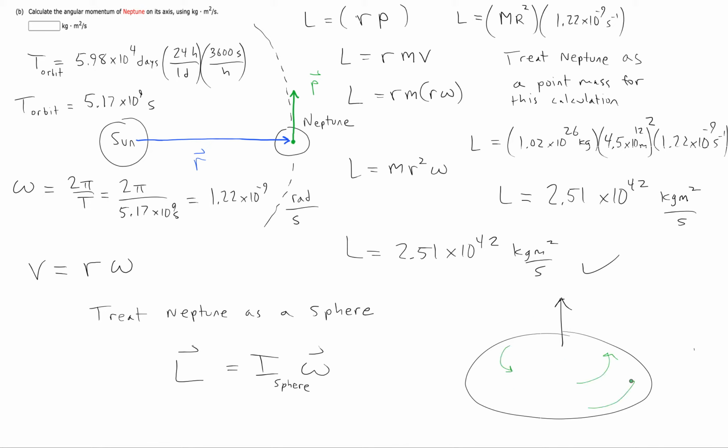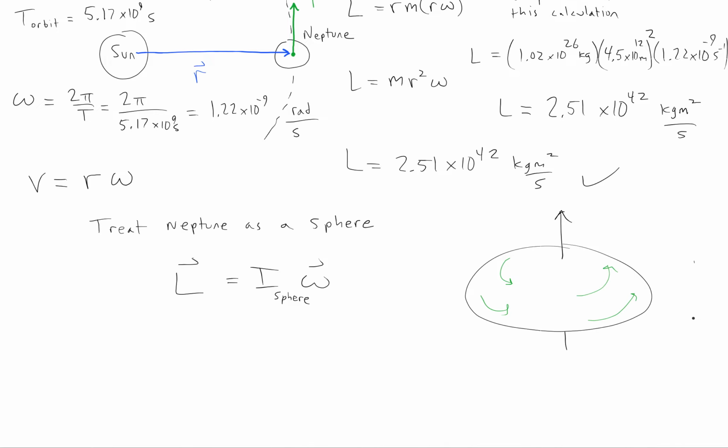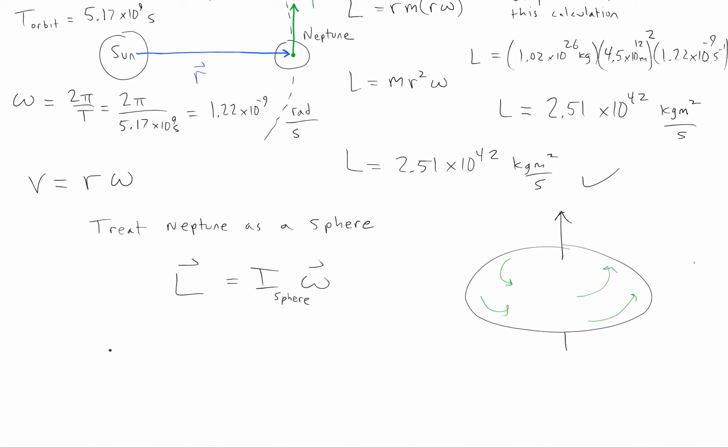Like all the mass is going around this axis of rotation, which is in the center. So, moment of inertia of a sphere from tables of moment of inertia would be 2/5 mR squared. And then we have to multiply by the angular speed, but of the planet, not the orbit.